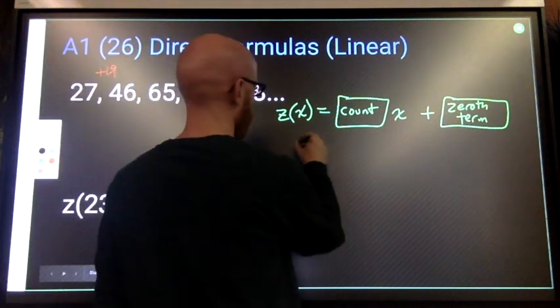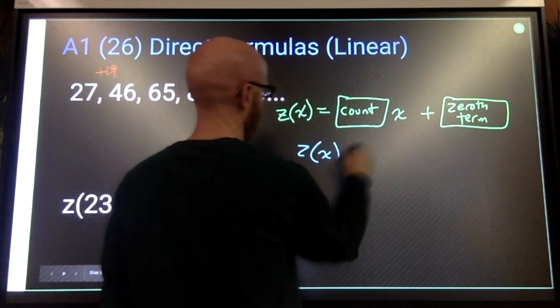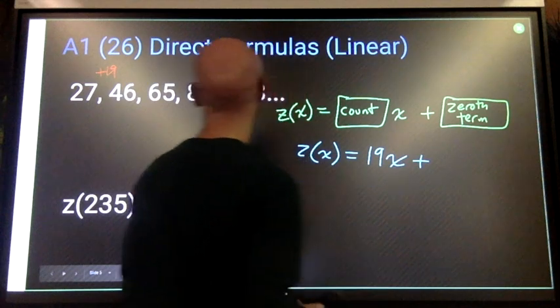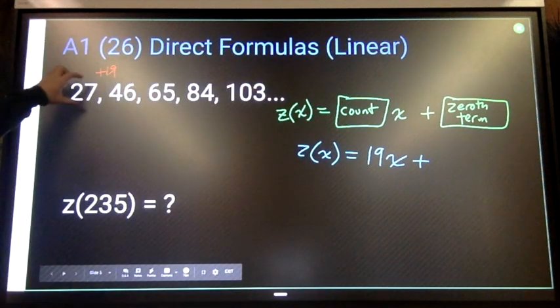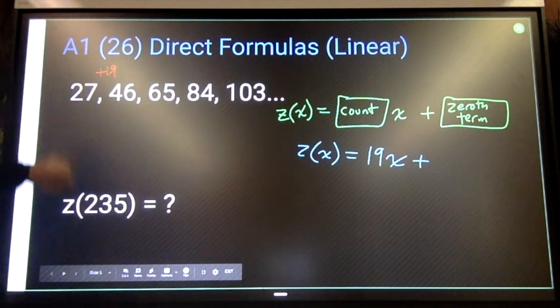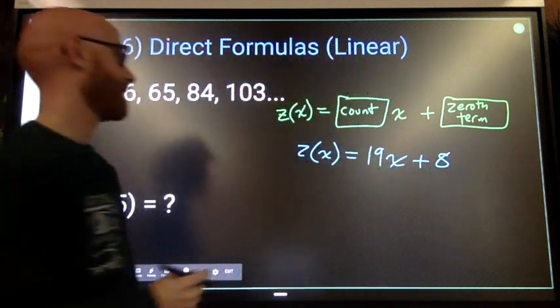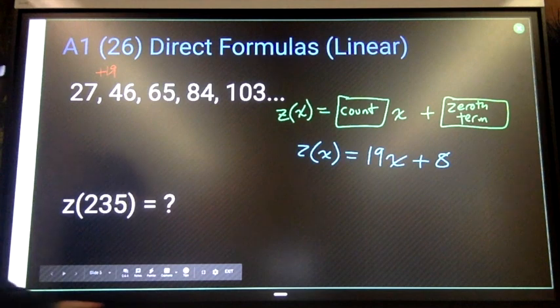That means my rule is 19x plus, what number is 19 before 27? 8. 19x plus 8. That's my rule.